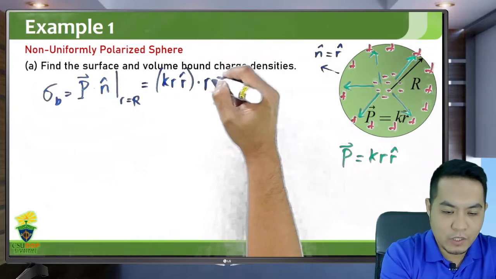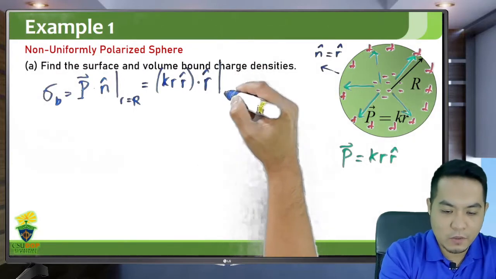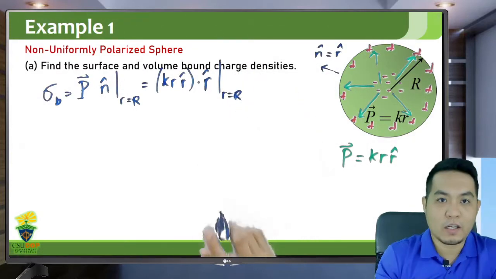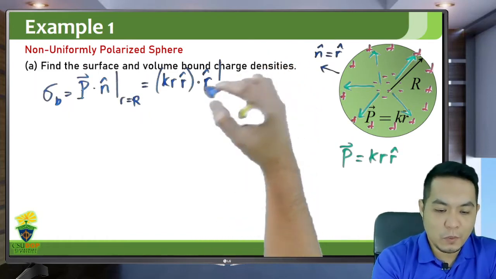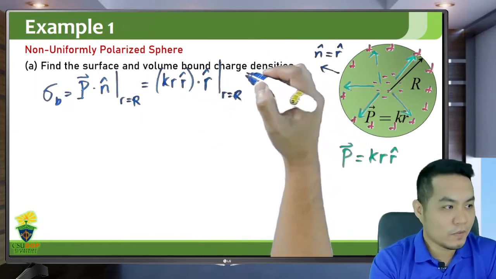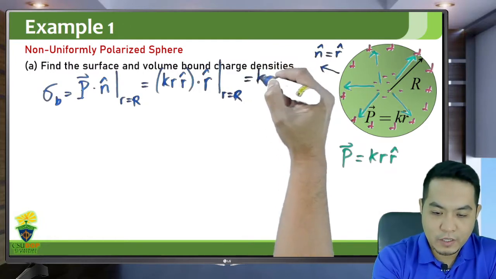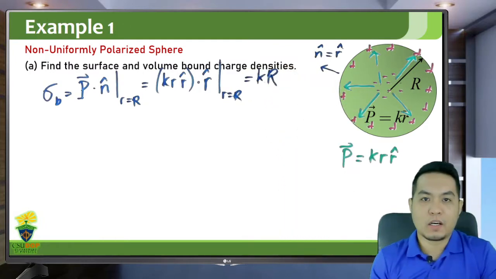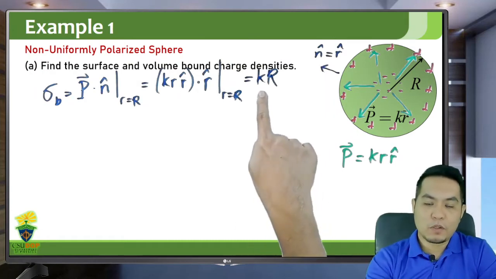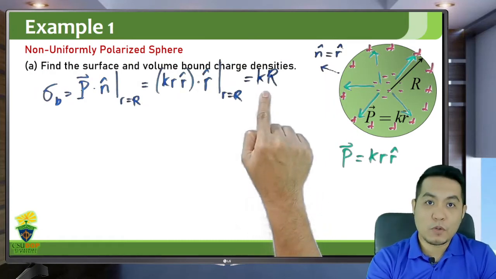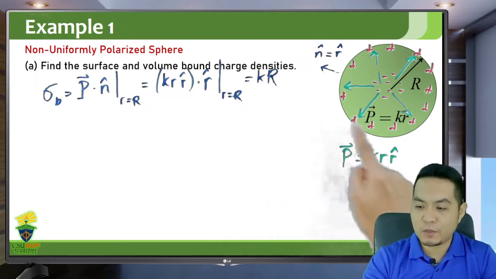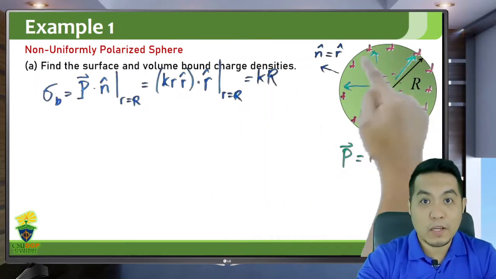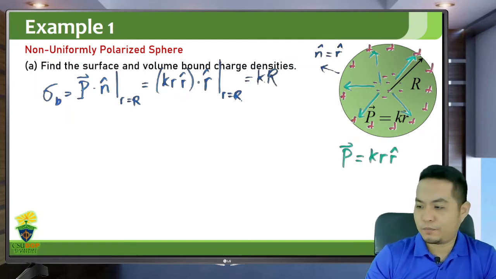You dot it with r hat, and then you evaluate the result at r equal to capital R. So r hat dot r hat is just 1, and you will get k times capital R. So this is the amount of bound surface charge density at the surface. And you will notice that it's positive, so there are positive charges at the surface.